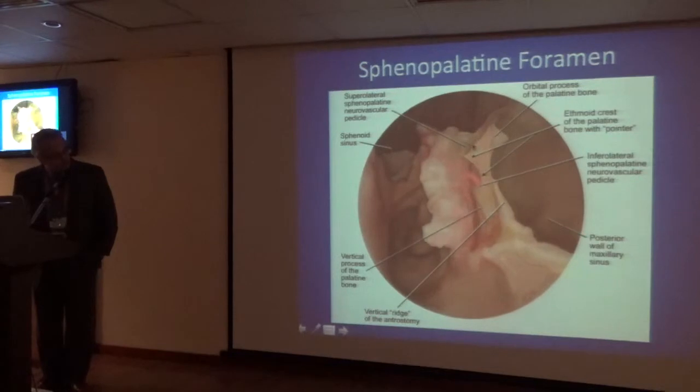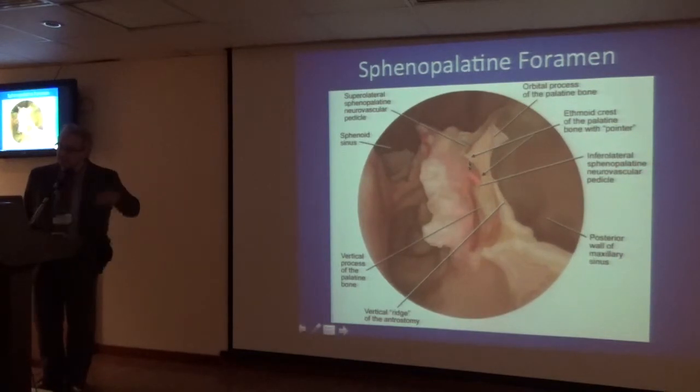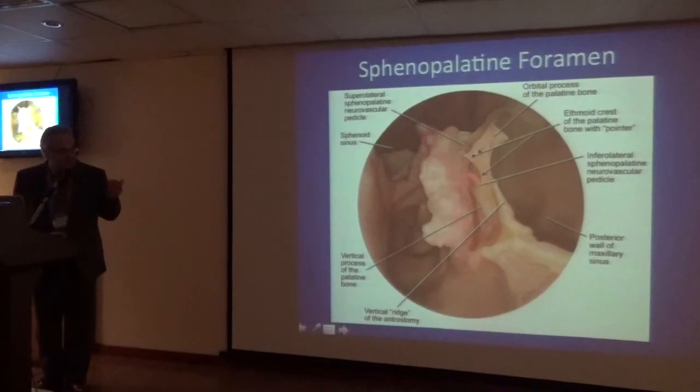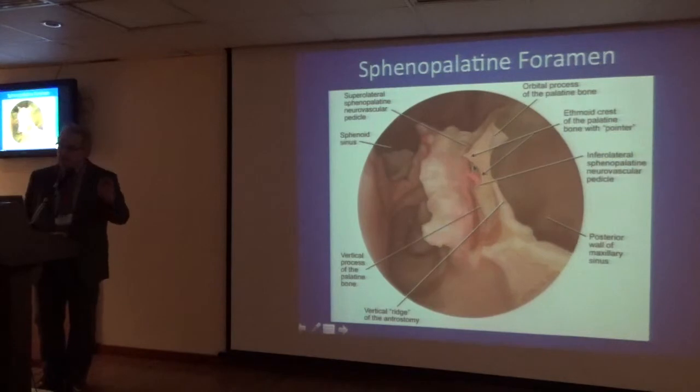You can see the orbital process of the palatine bone right here. And you can see this pointer, and that pointer always points just behind it is the sphenopalatine foramen. Okay, that's the crista ethmoidalis. And then below it, in this particular case, there's a separate artery, and you've got to make sure you catch that, because sometimes you can miss it, could be bleeding from that.